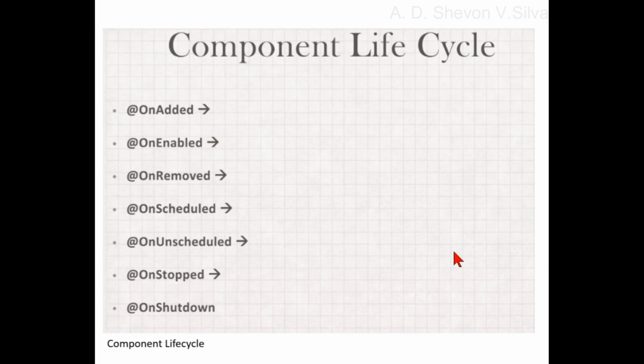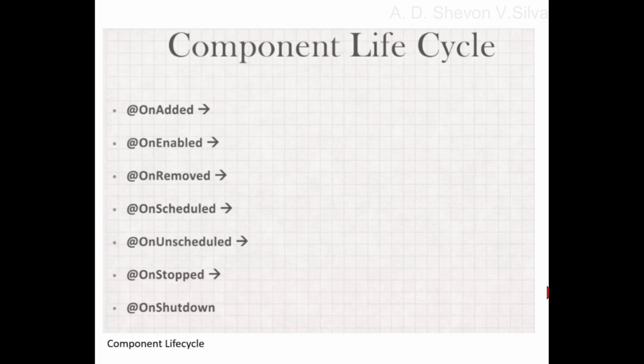The annotation type OnConfigurationRestored is a marker annotation that the processor, reporting task, or controller service can use to indicate that the method with this annotation should be invoked whenever the component's configuration is restored after a restart of NiFi.